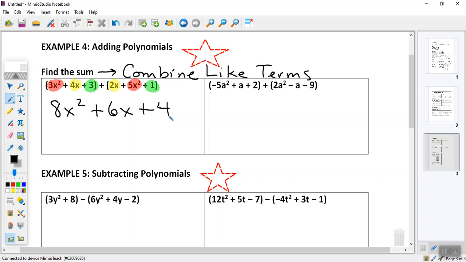And guys, really when you're adding, you can just basically drop the parentheses right there. Give me a show of hands and I'll come around and check.